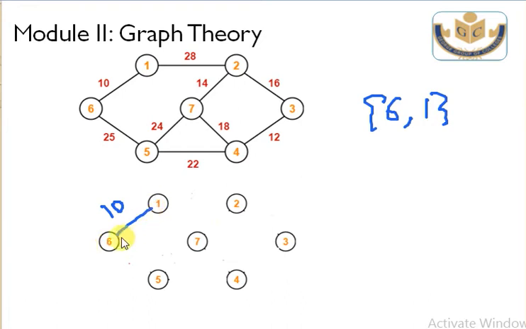So from 6 and 1, I need to find the vertices that are connected to 6 and 1. From 1, 2 is connected, and the weight is 28. From 6, 5 is connected, the weight is 25. So between 28 and 25, which one is minimum? 25 is minimum. So I will draw this.